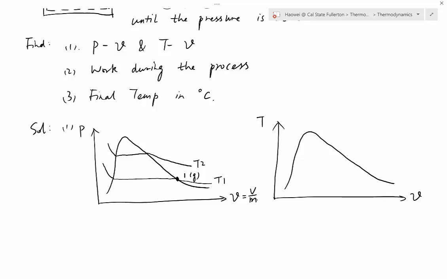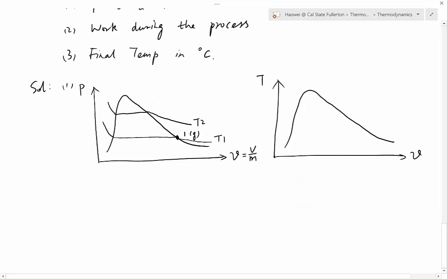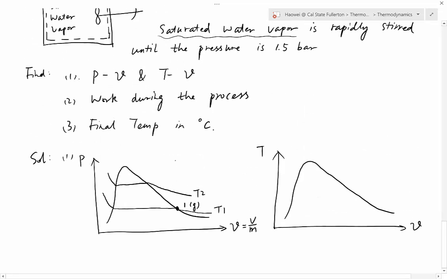So nu will not change. If the x coordinate is constant, 1 to 2 must be on a vertical line. So we can sketch a vertical line across number 1. So 1 to 2 must be along this vertical line because it is a constant volume process, which gives you a constant x coordinate.